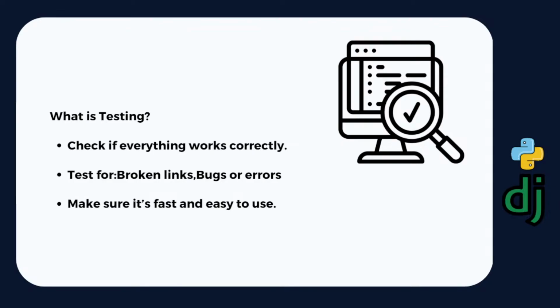And the testing will be performed by the testers. The tester will see whether everything works correctly based on the requirement. If there is any bug or error, the tester will send it back to the developer team.